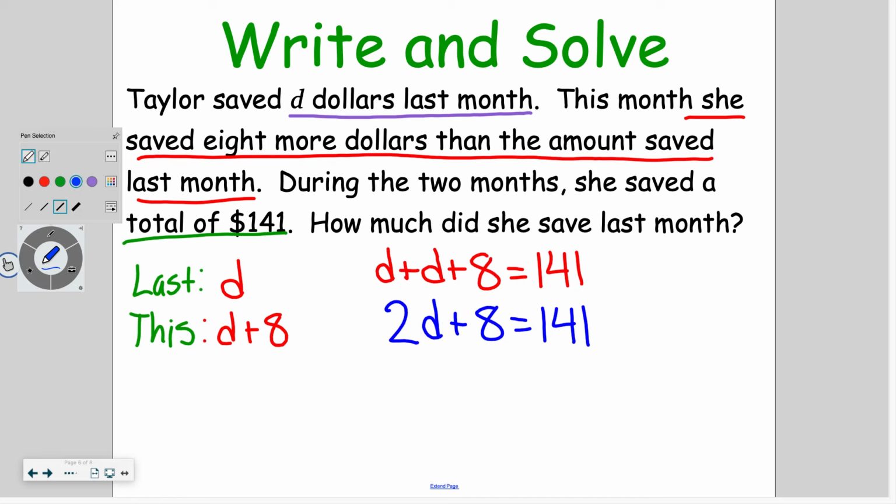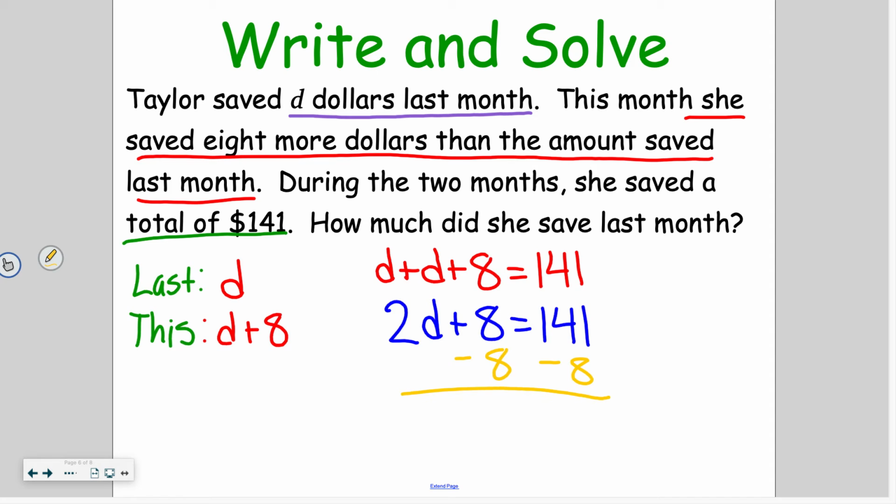Now I'm going to continue solving by subtracting 8 from both sides of the equation. And when I do that, I have 2D is equal to 136. And then to finish the problem, I need to divide both sides by 2.